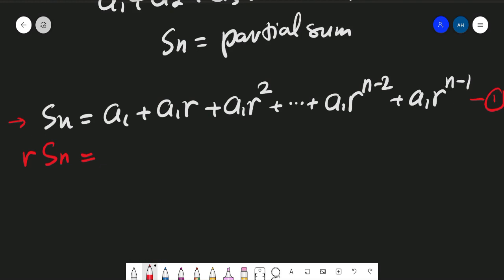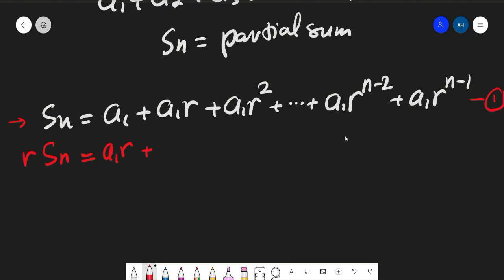Now how about the terms on the right hand side, when we multiply each one of them by r? Let's do it one by one. What will be a1 when we multiply by r? We have a1r, right? Now for the second term, a1r multiplied by r, we have a1 r square.